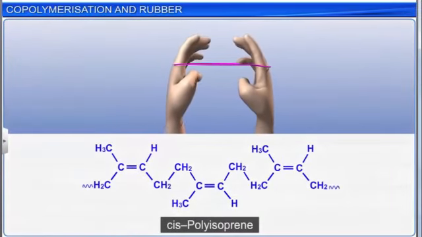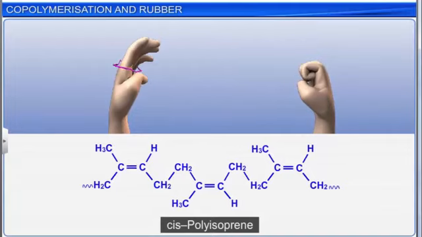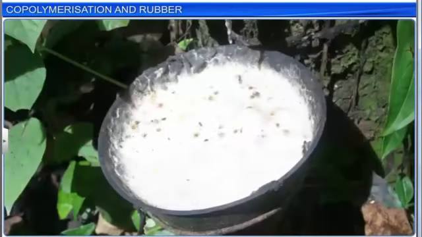Natural rubber can be stretched. When stretched, the chains get aligned in the direction of the external force. When the external force is released, the chains snap back to their original positions. Untreated natural rubber is quite sticky.